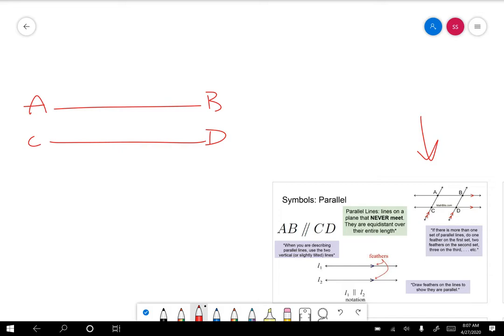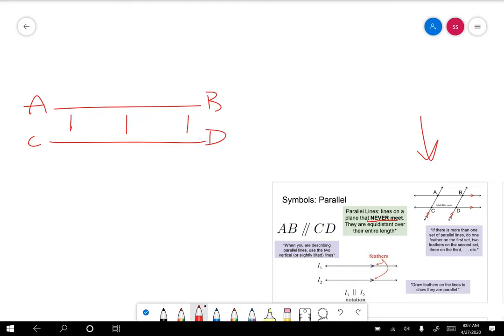Now, the cool thing about parallel lines, they will never, ever intersect. So that's the key thing to remember about parallel lines. They will never meet. The distance between them is equal their entire length.